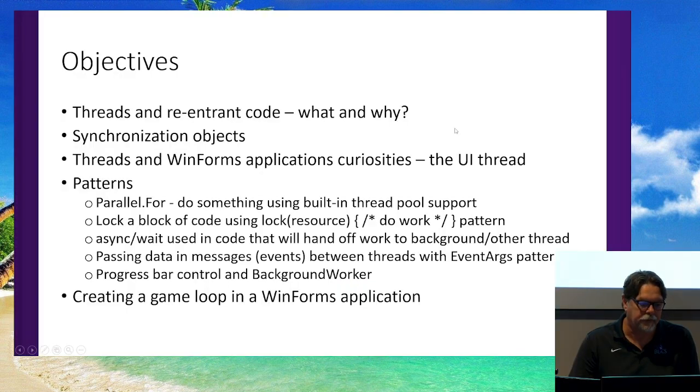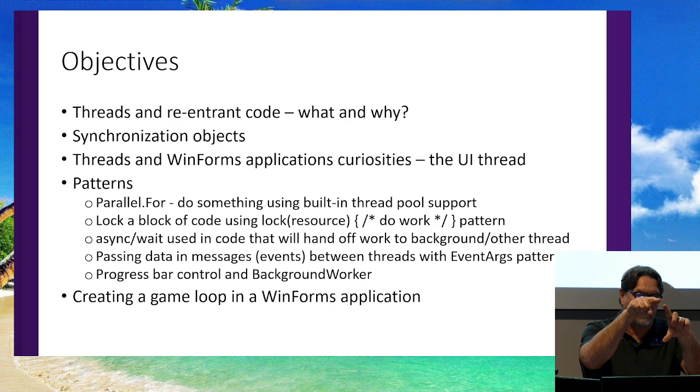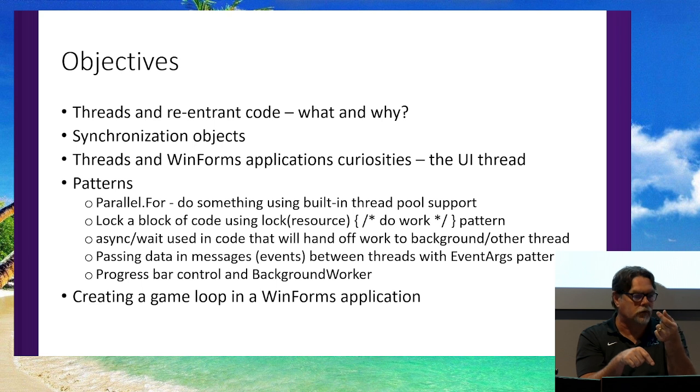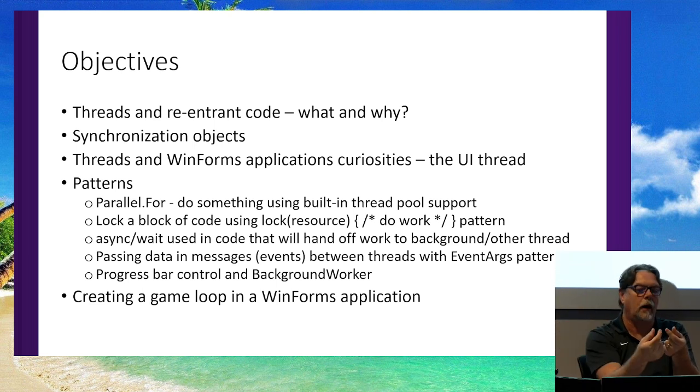So, list of stuff. You'll see the term reentrancy, reentrant code. It just basically means that your code should be written assuming that you're going to have more than one thread going through the same block of code at a time. And so you can't write your code such that you think you've got exclusive access to any of these resources, because from one instruction to the next, you may get interrupted and another thread may come in and execute the same lines of code.